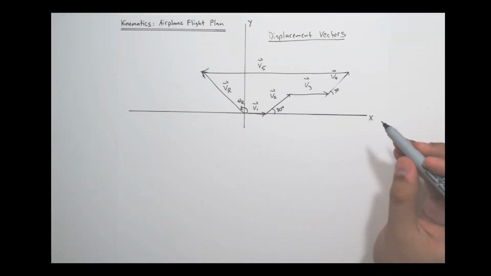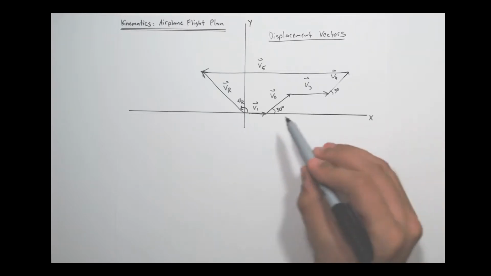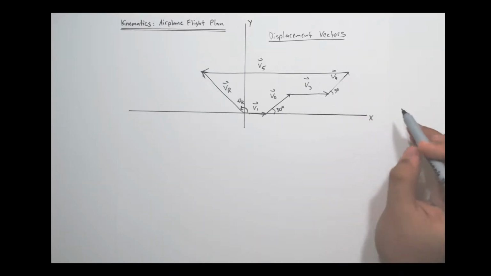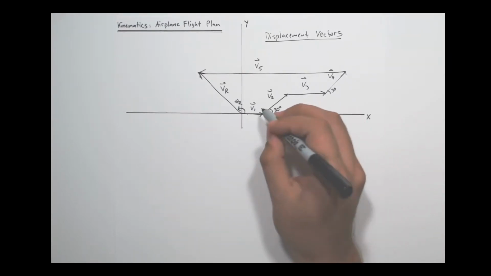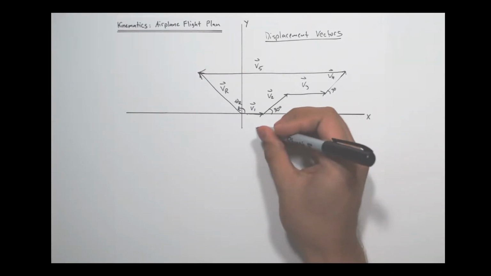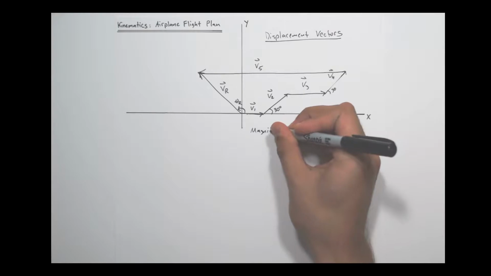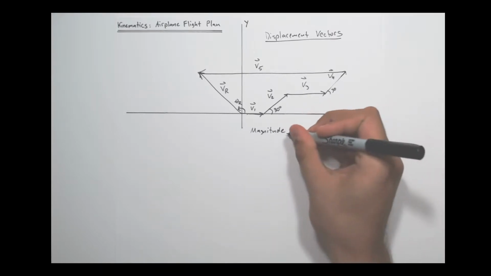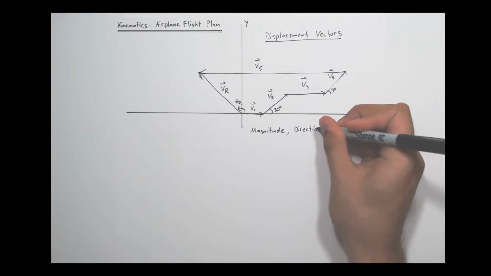So let's begin by defining some numerical values for all of our displacement vector magnitudes. We're going to write these vectors in a vector notation that's going to have magnitude, comma, and then a direction, which is going to be an angle.